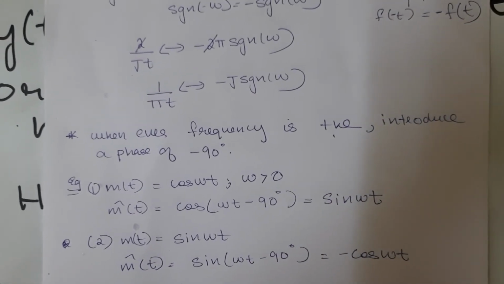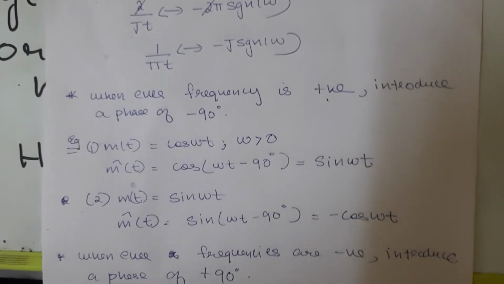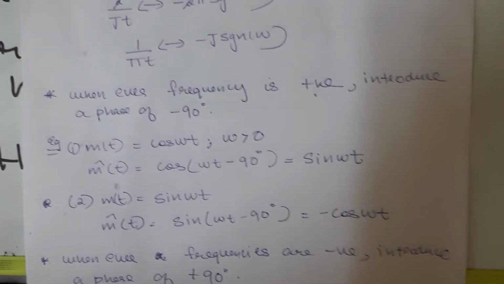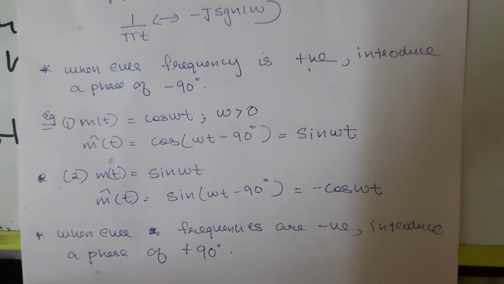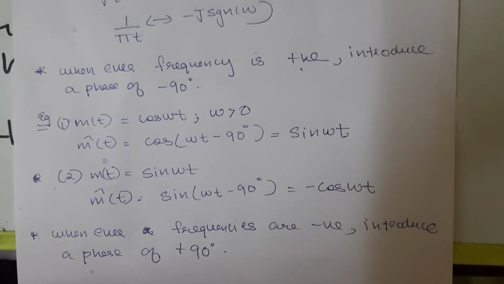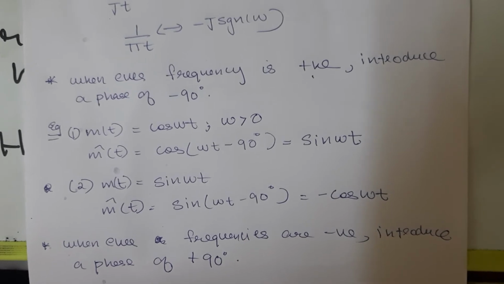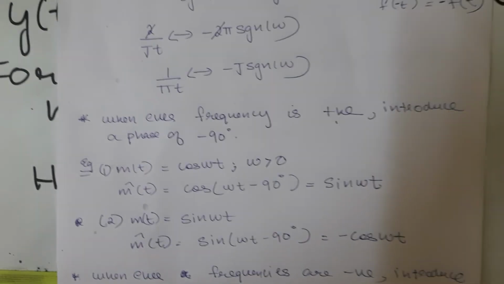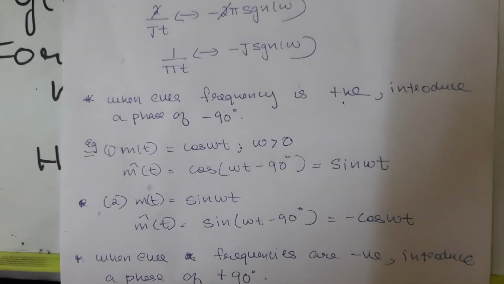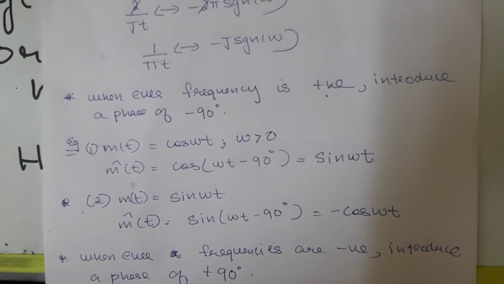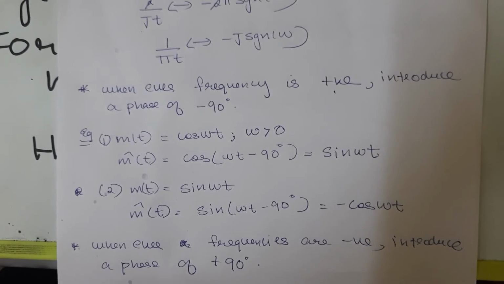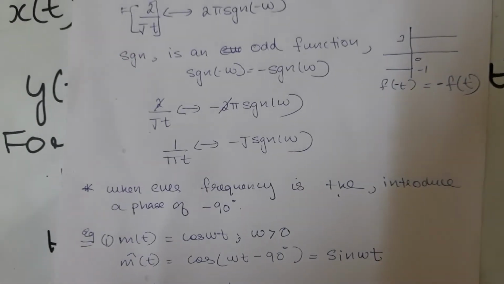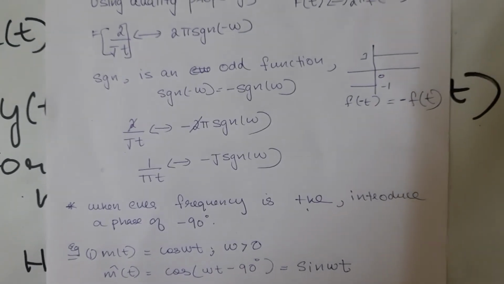And the other important thing to remember is, whenever my frequencies are negative, we will introduce a phase of plus 90 degree to find the Hilbert transform. It's opposite. If frequency is positive, introduce a phase of minus 90. If frequencies are negative, you introduce a phase of plus 90. That's how you find out Hilbert transform.